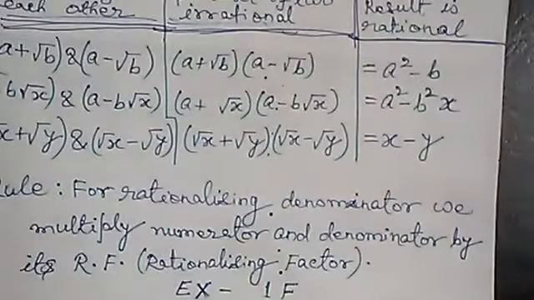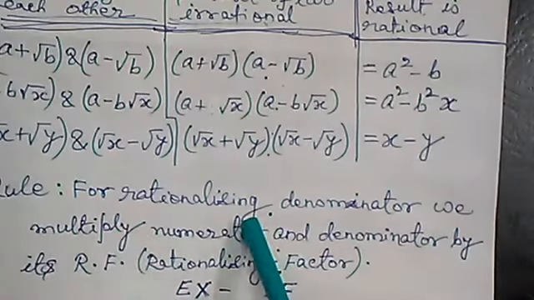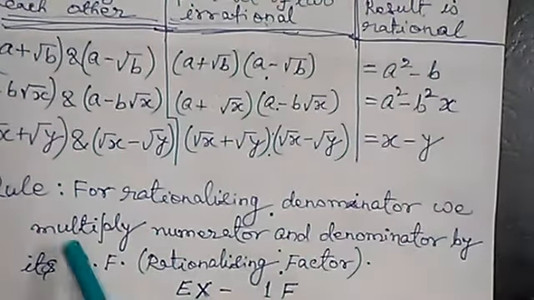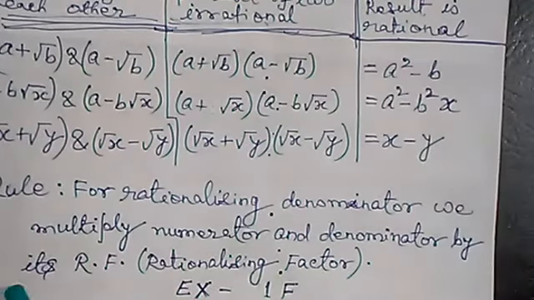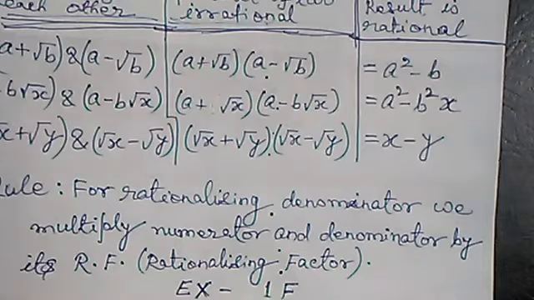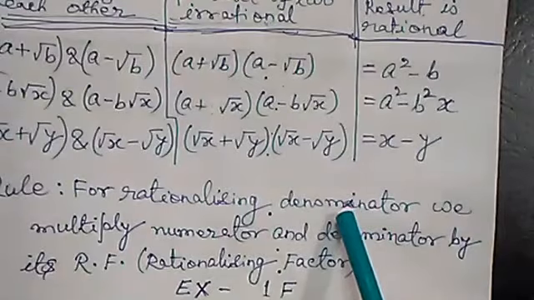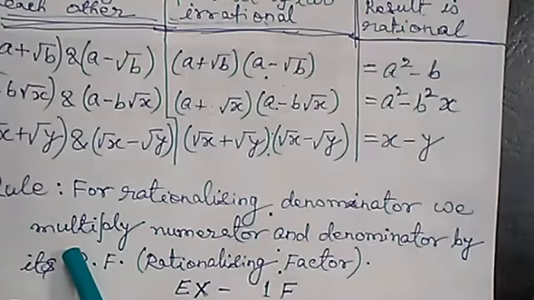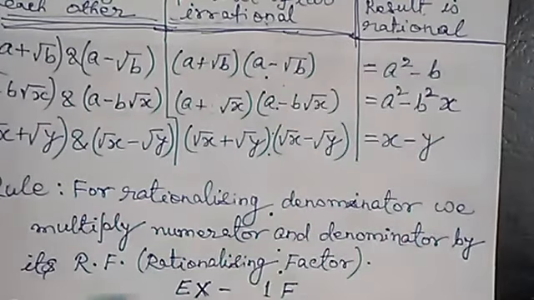Now, what is the rule? For rationalizing a denominator, we multiply both numerator and denominator by its RF, meaning rationalizing factor. So whenever you have to rationalize the denominator, you multiply both numerator and denominator by its RF.